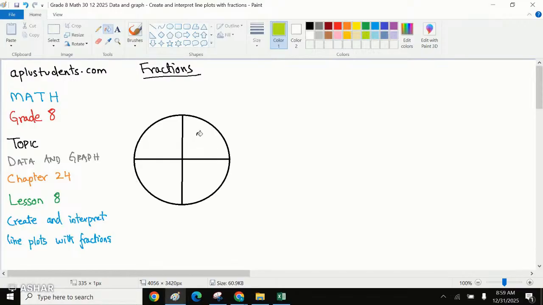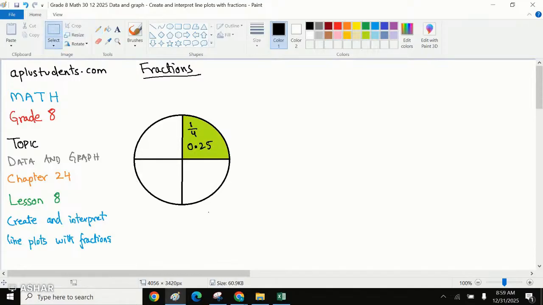If I take only this one part, that means this is 1 out of 4. It can also be written as 0.25. 1 over 4 is 0.25, right?